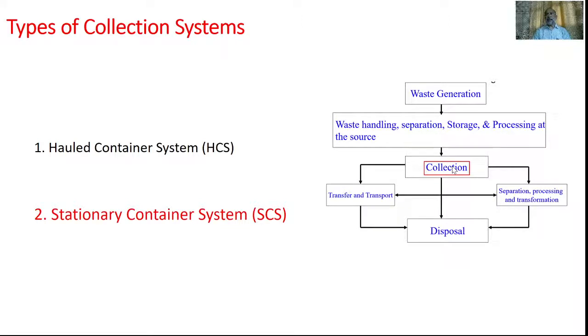So from this functional element onwards, how the waste can be collected is being discussed under these types of collection systems. In the last presentation, we discussed the hauled container system, and in this presentation, we'll be dealing with the stationary container system.